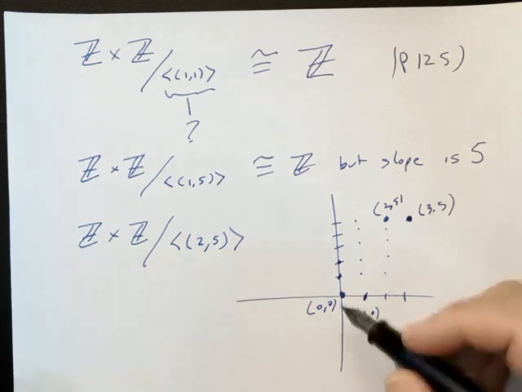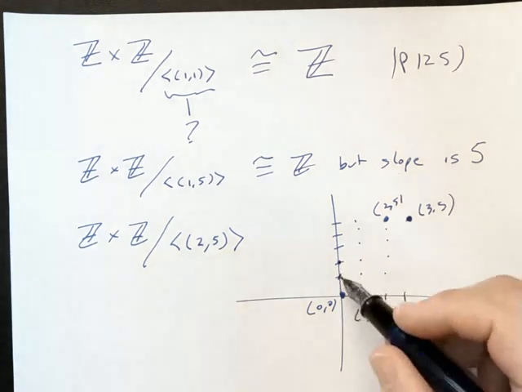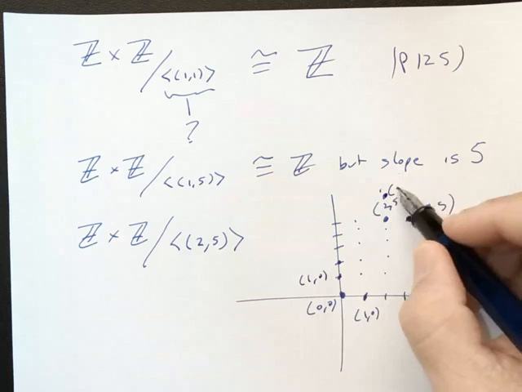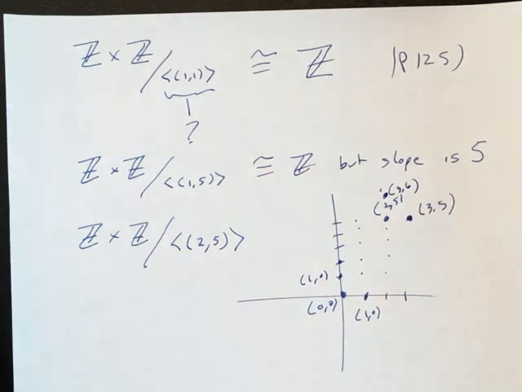But if I move up 1, weird things happen. I will still have infinitely many lines here. They'll just be spread out differently.